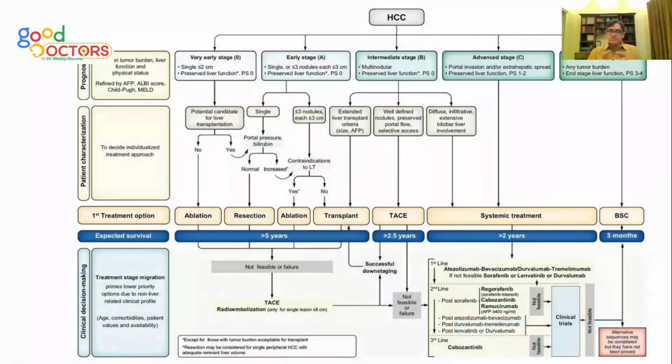And if the patient is not responding to these first line options, then you have second line options like regorafenib and cabozantinib and ramucirumab for those who have got alpha-fetoprotein levels more than 400. And then there is a third line option as well, cabozantinib, which can be used. So chemotherapy is the field which is fast evolving in hepatocellular carcinoma, and it has shown a lot of promising results in last few years and should be kept an eye on.